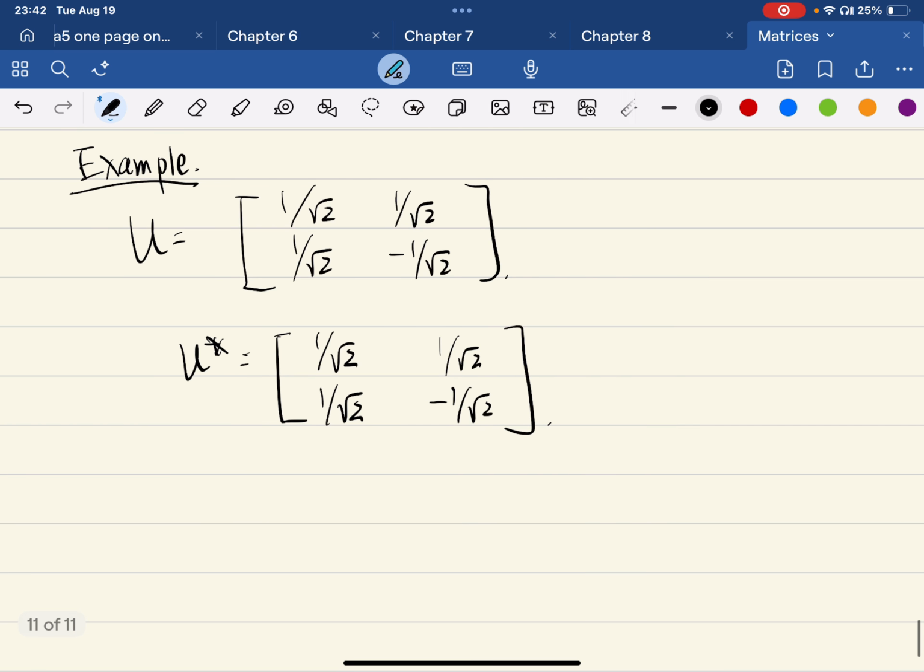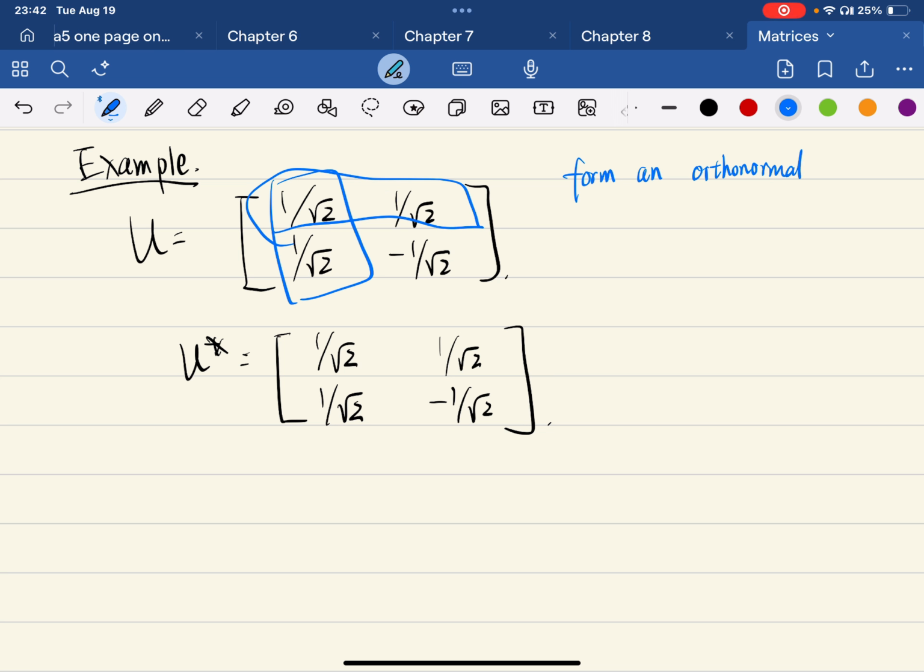But before that, we notice that its rows and columns form an orthonormal basis.